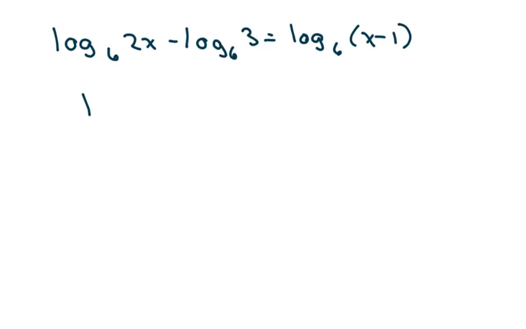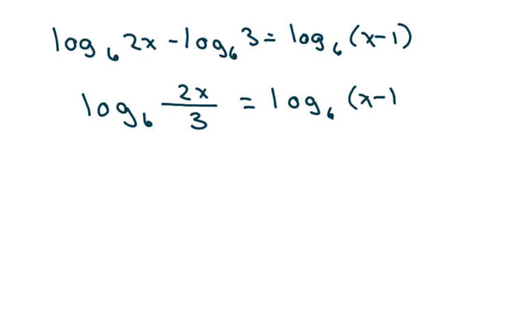And the next one, we have log base 6 of 2x minus log base 6 of 3 equals log base 6 of x minus 1. I'm going to condense the left side using my quotient property and write it as a single log. My bases are the same, so basically I'm going to cross multiply.